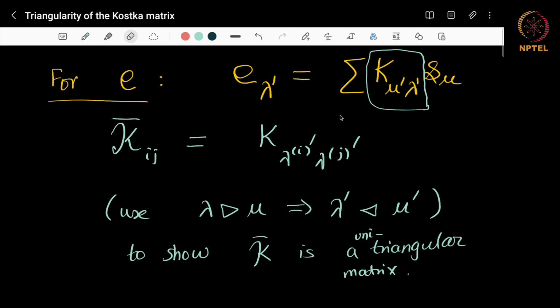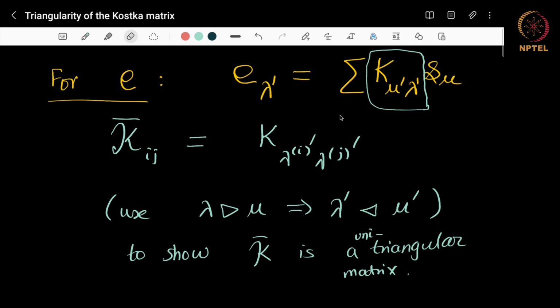Earlier I had the script K matrix. This new matrix we can call script K bar. Its ij-th entry is the Kostka number, but the earlier one was lambda i lambda j, and this one is lambda i prime lambda j prime. You take the conjugates of those. This is the new matrix you need to look at.